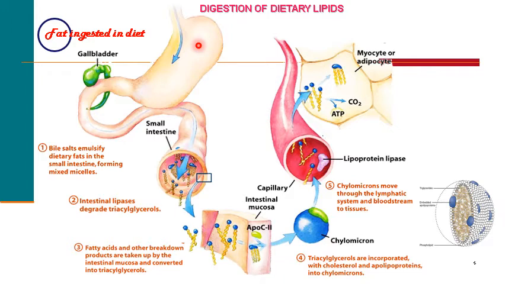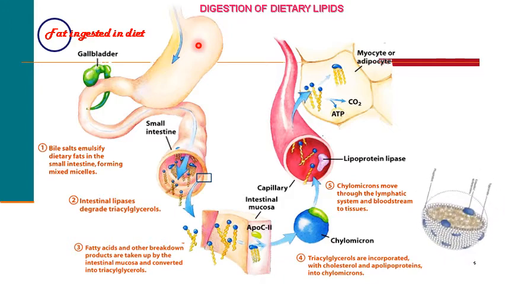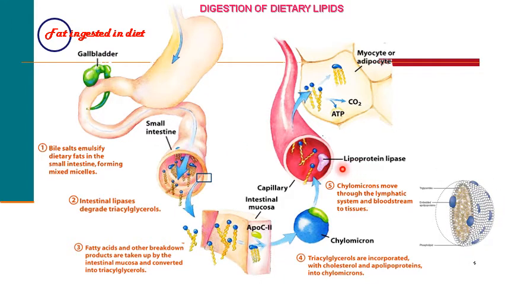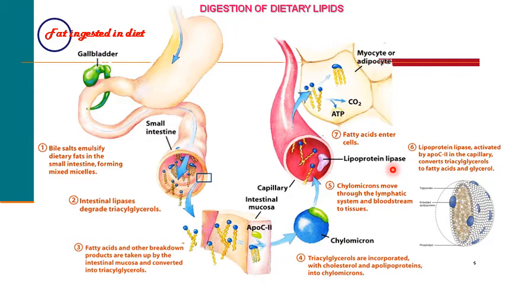Chylomicrons move through the lymphatic system and bloodstream to the tissue. This is a chylomicron, and this is the lipoprotein lipase, which is activated in the capillary and converts triacylglycerol to fatty acids and glycerol. Then the fatty acids enter into the cells, such as liver cells, where they are oxidized as a fuel or re-esterified for storage.